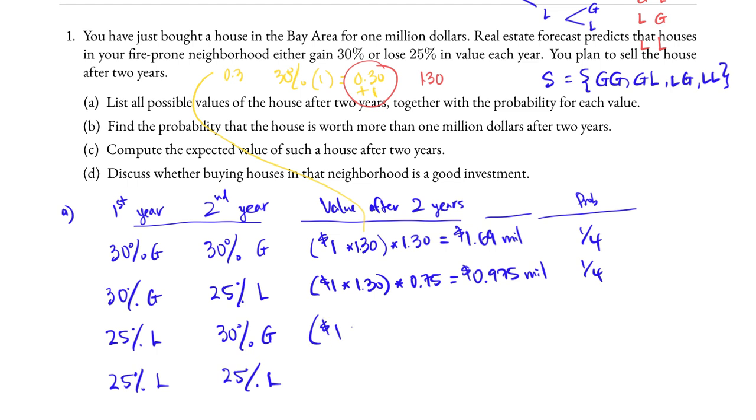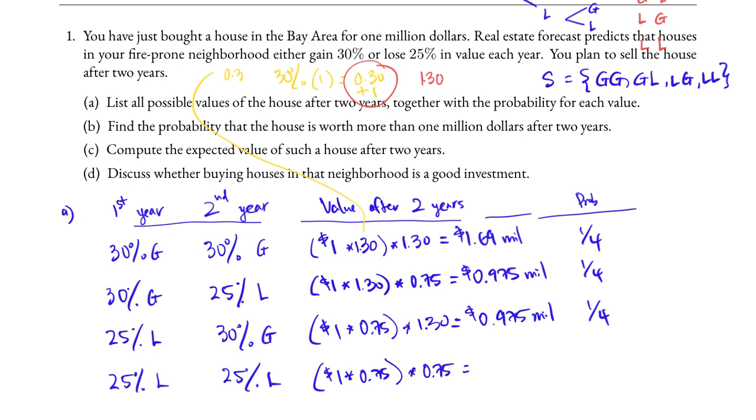Similarly, we take $1 times 0.75, that is a loss, and then times 1.30, this is a gain, and this will give us $0.975 million. This has a probability of 1/4. And then lastly, we take $1 times 0.75 for the 25% loss, and then we multiply by another 0.75 for the 25% loss the second year.